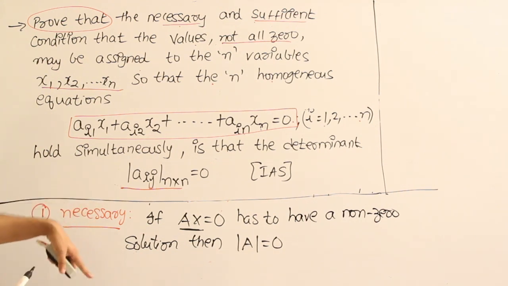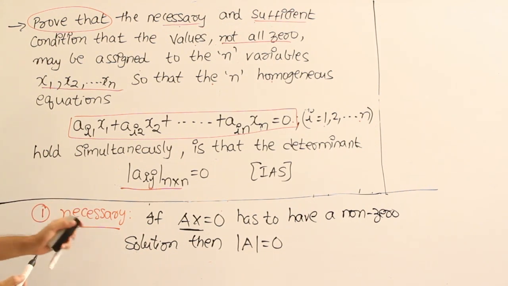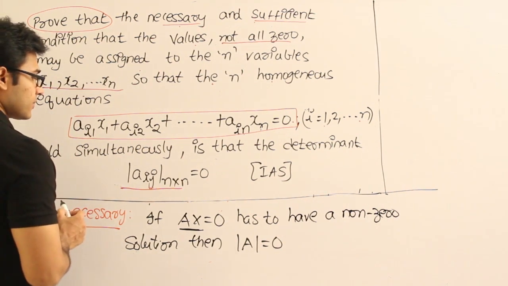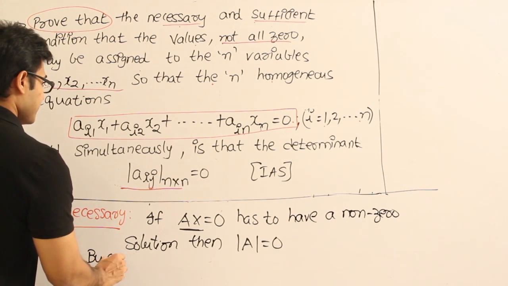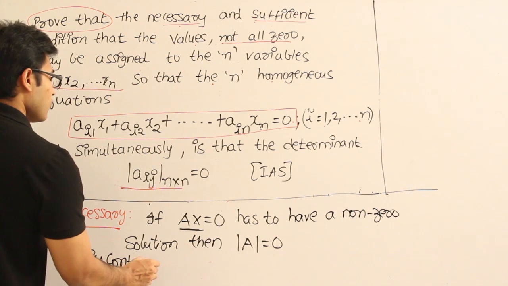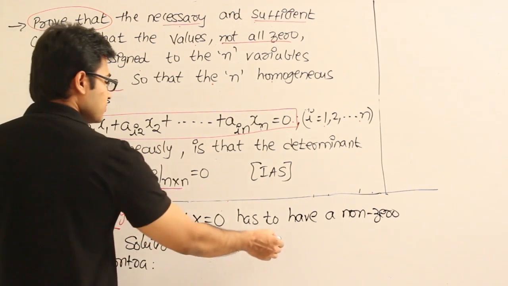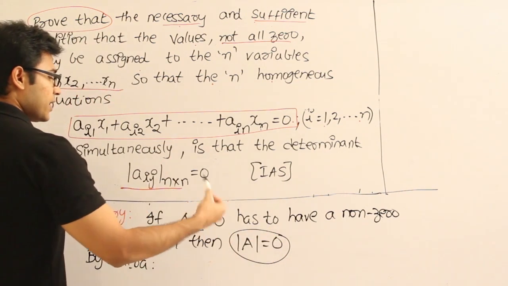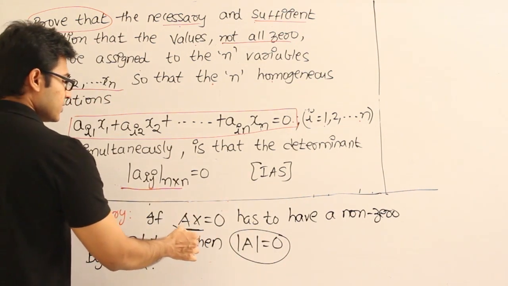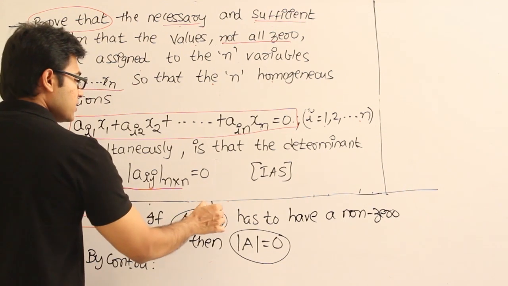And next we have to even prove the sufficient condition. So how I will try to prove this one is, see this. I'll go by contradiction. What is contradiction is, I'll assume that det A is not equal to 0, then I'll see what happens. This is already given, this is true, P condition is true.